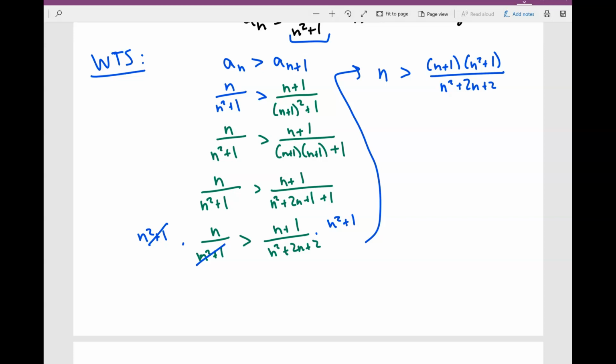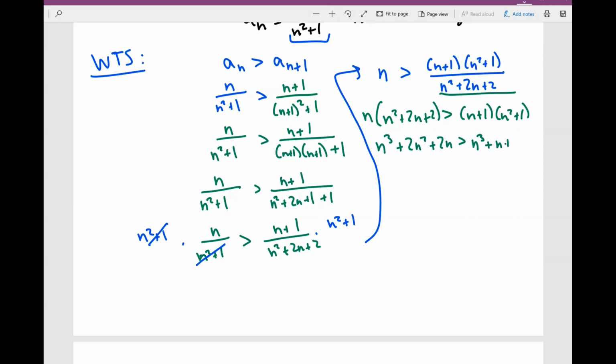Now I'm going to multiply both sides by the denominator, moving it to the other side. I have n times n squared plus 2n plus 2, greater than n plus 1 times n squared plus 1. FOIL this out: n cubed plus 2n squared plus 2n is greater than n cubed plus n squared plus n plus 1.